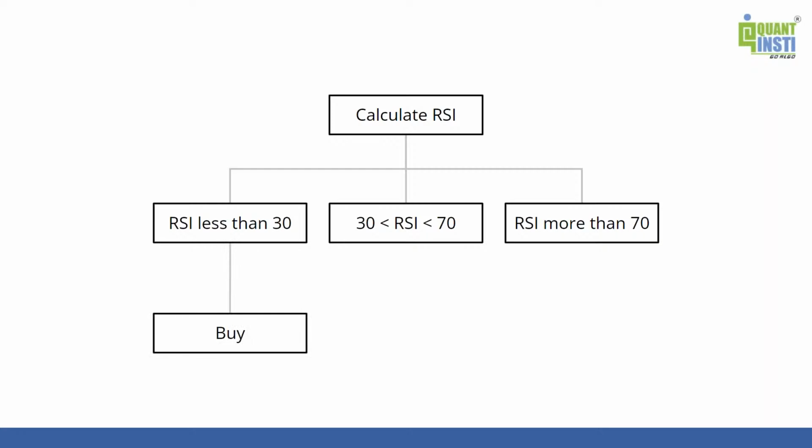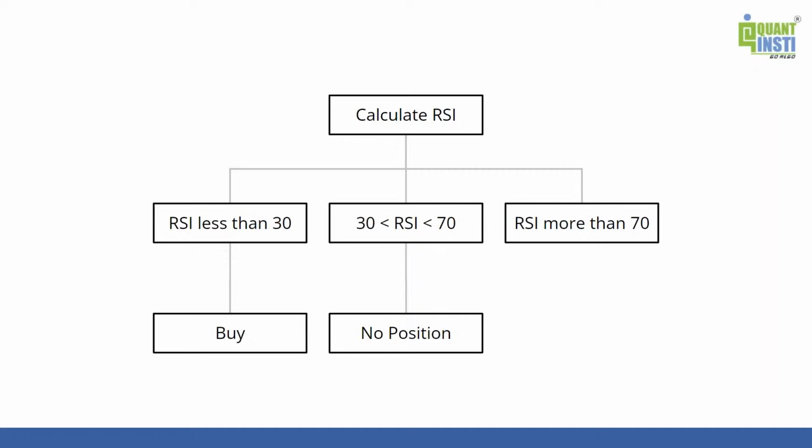When it is between 30 and 70, it means that it is at a decent price point and you don't have to do anything. So if you have already bought the asset, you would hold on to the shares and you won't do anything. So there'll be no position over here. If you have not bought any asset, you don't have to do anything over here.